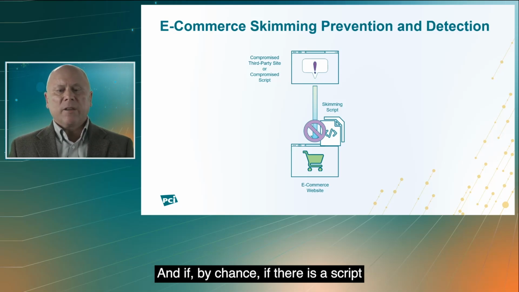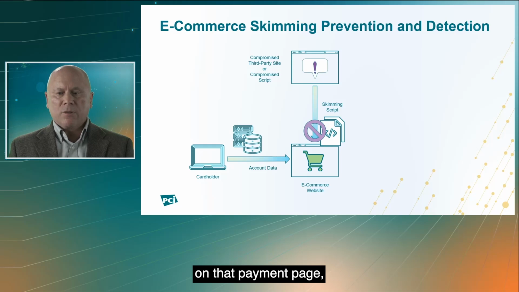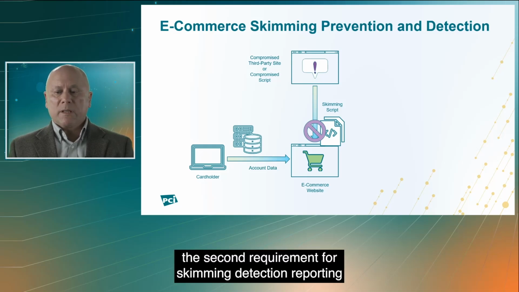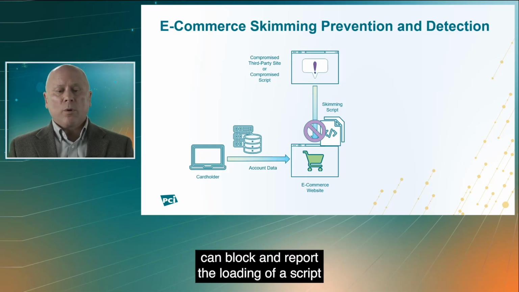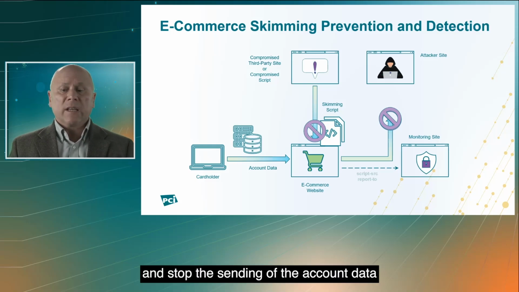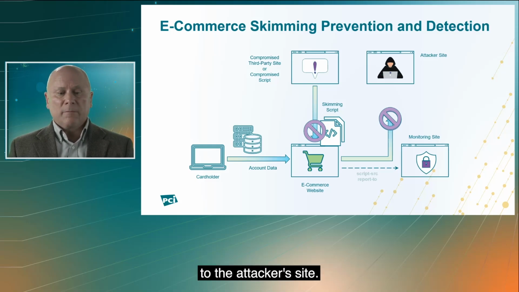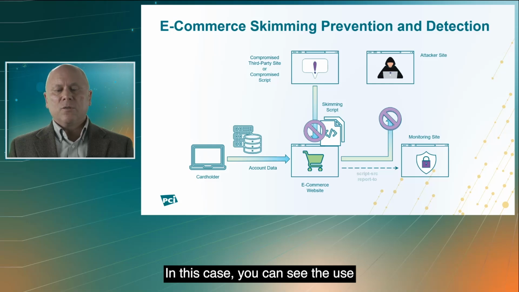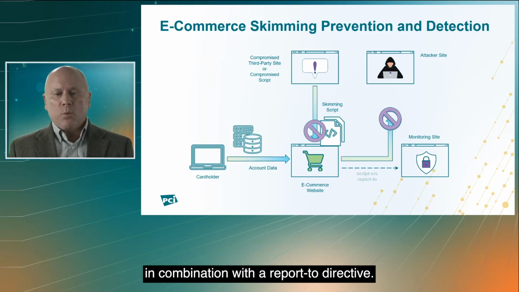And if by chance there is a script on that payment page, the second requirement for skimming detection and reporting can block and report the loading of a script from an invalid source and stop the sending of the account data to the attacker's site. In this case, you can see the use of a content security policy, such as a script-src directive, in combination with a report-to directive.